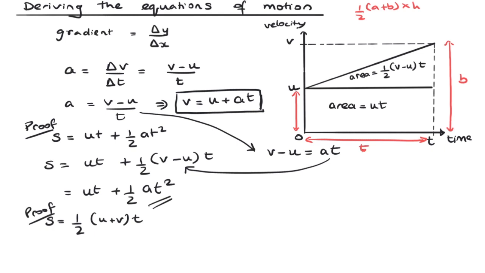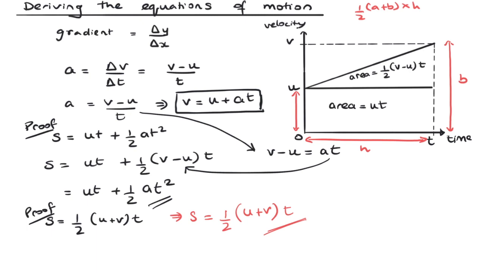And so if I just use the area or displacement as s equals the area of a trapezium, it is half times u plus v, a plus b, times the height, which is t. So it's really as simple as that.